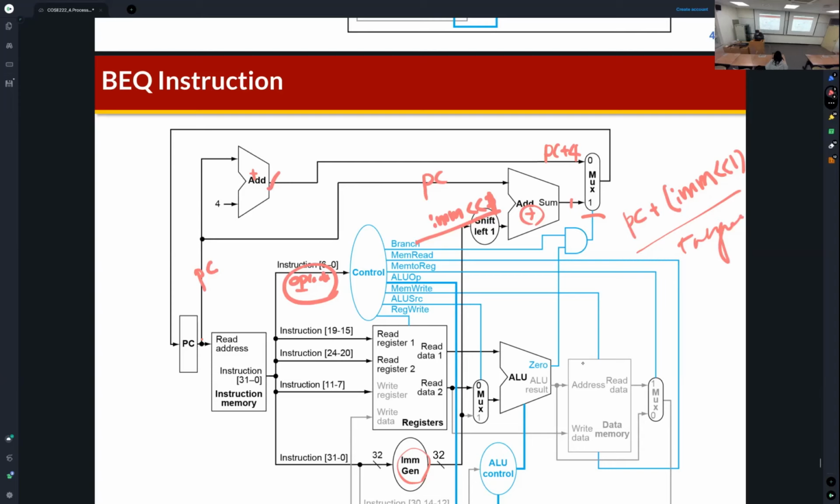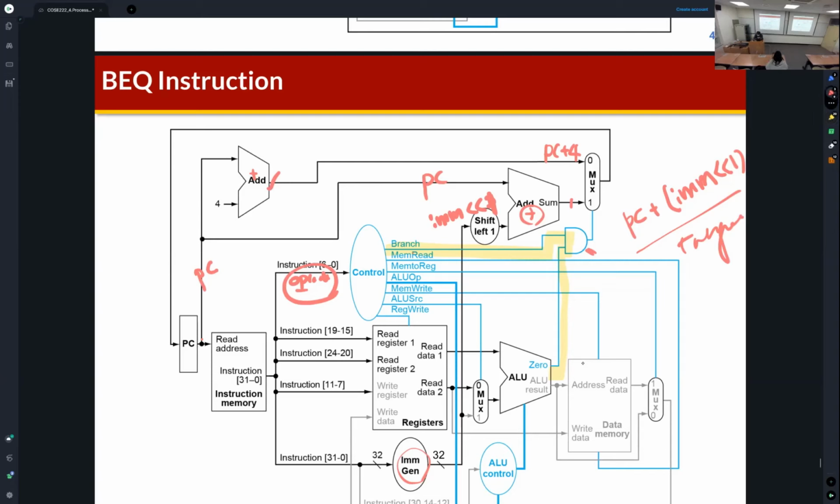You can find that the selection port of this multiplexer is connected to this AND gate. One of the inputs of this gate is connected to the branch control signal. The other input is connected to the zero detection from the ALU.